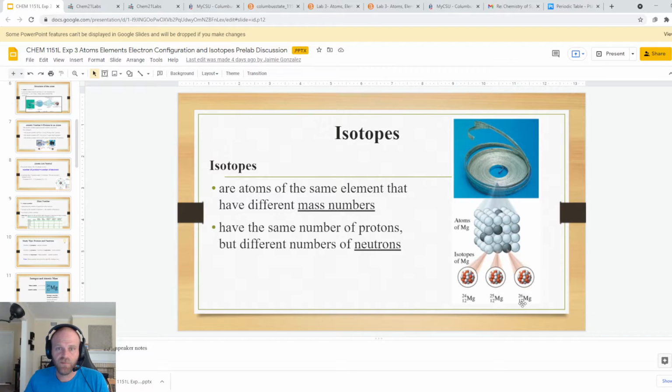So isotopes are the same element, but they have varying mass numbers and varying numbers of neutrons. As long as they're still neutral, they have the same number of protons and electrons. 12 protons is always magnesium, so if you see Mg, you automatically should think that's the same element, the same number of protons.